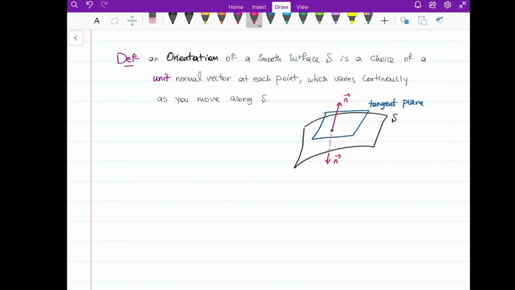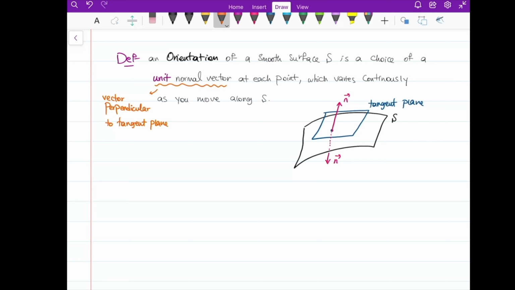Okay, so the question is which one to choose. What is the normal vector? Let me give you a recall for that. A normal vector is a vector that is perpendicular to the tangent plane.